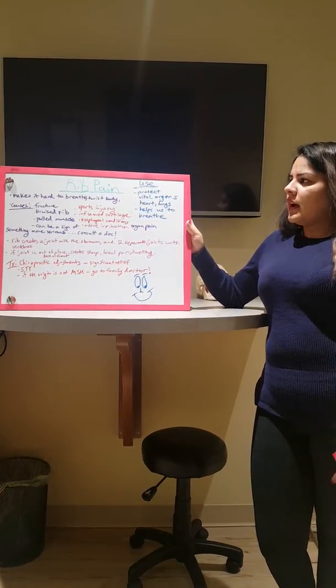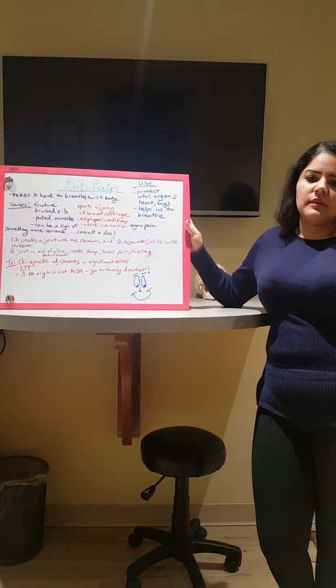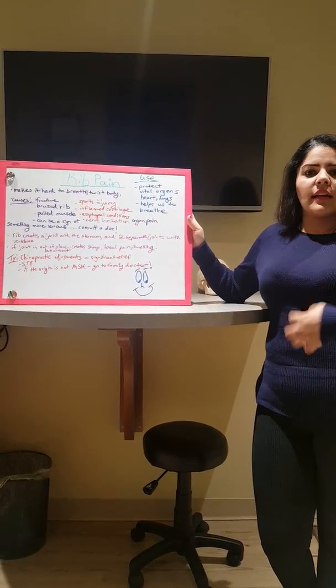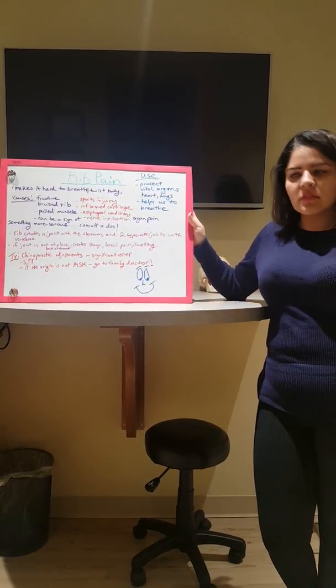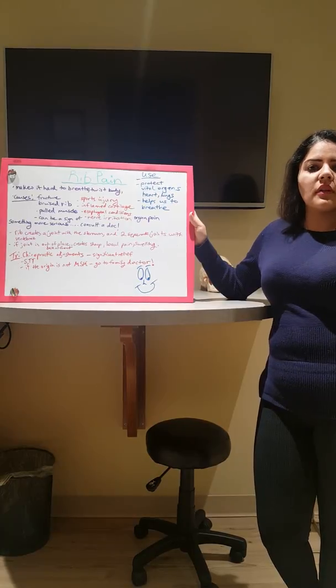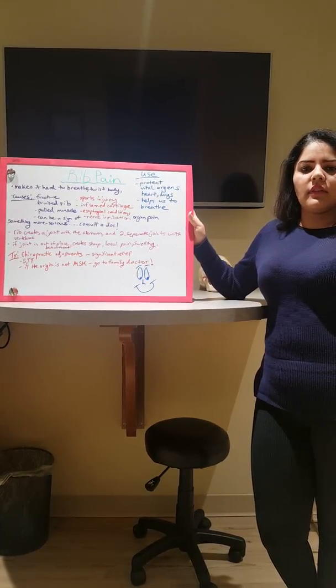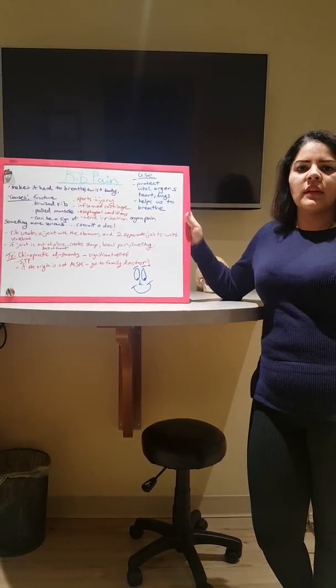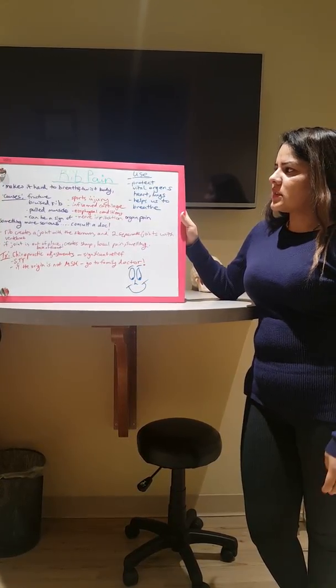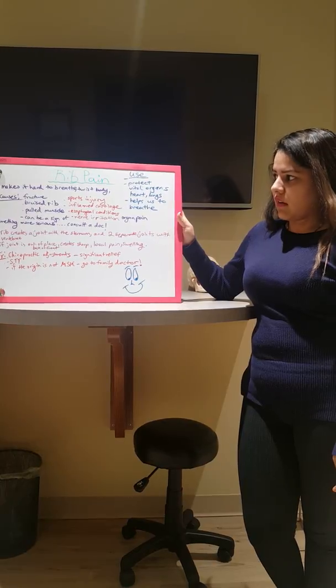The main purpose of having ribs is to protect the heart and the lungs. It creates a rib cage around them, and it helps us to breathe. The intercostal muscles help take a lot of air into the lungs, and the ribs move in and out as we breathe. So that's the purpose of having ribs.